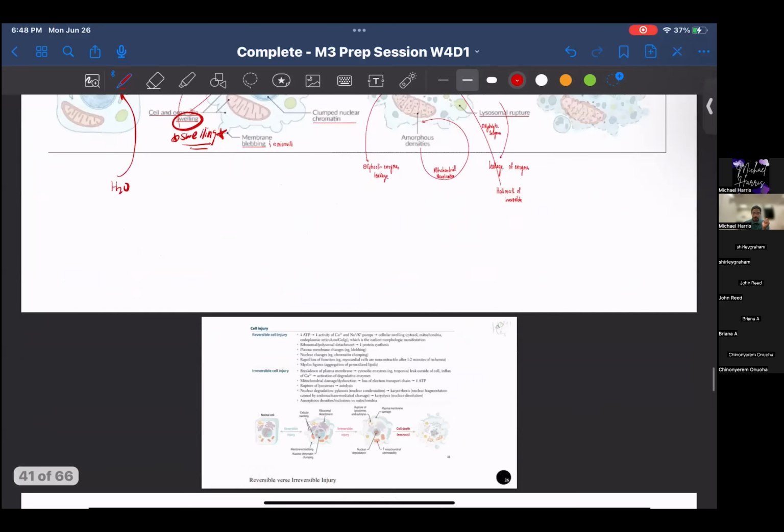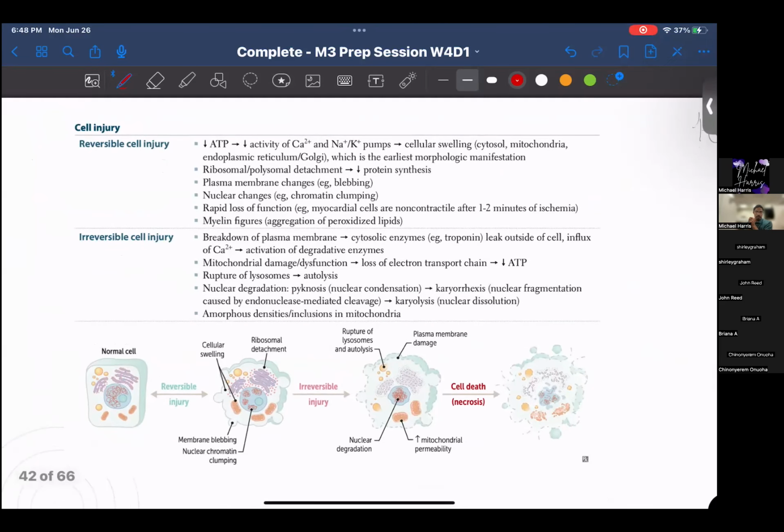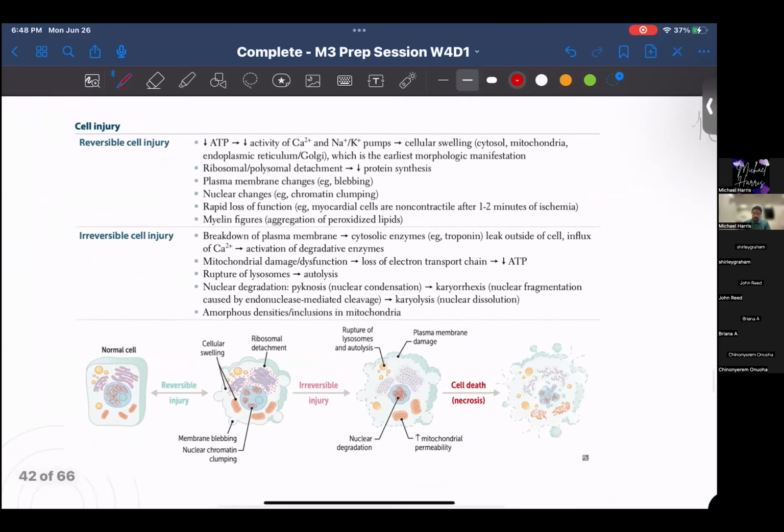Now, that's apoptosis. That's not necrosis. Necrosis is always pathologic. This is a really bad presentation because they don't have apoptosis up here as well.